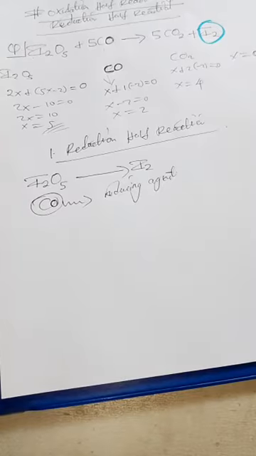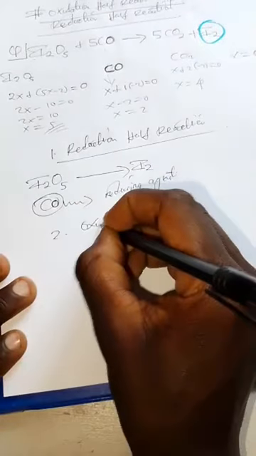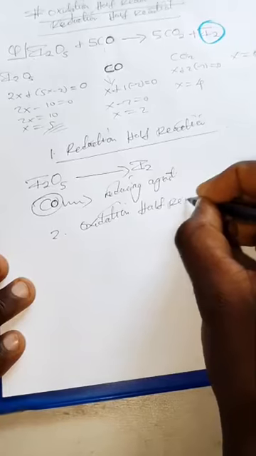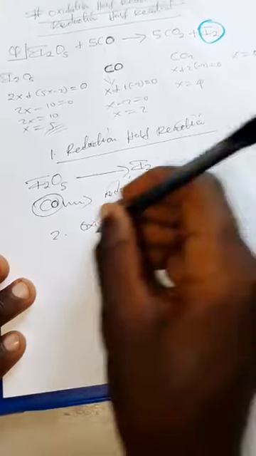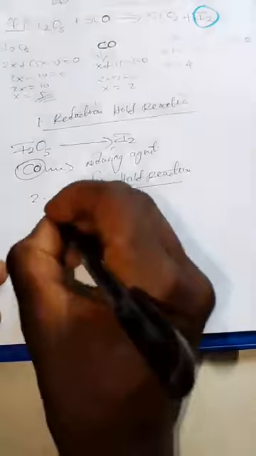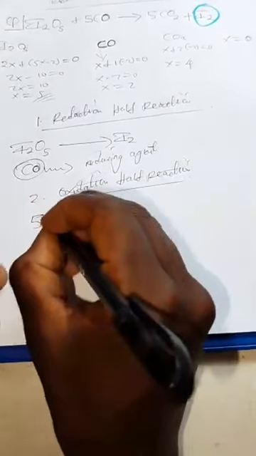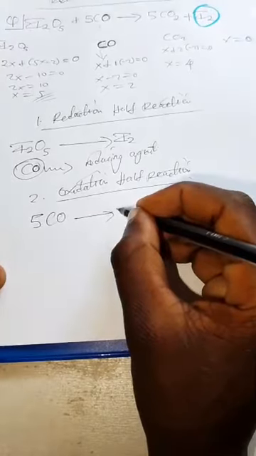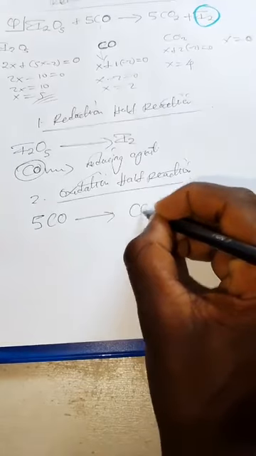Then let's have the oxidation half reaction. If we split, we know the reduction half reaction, meaning automatically we're going to know the oxidation half reaction. So our oxidation half reaction is 5 carbon monoxide being equal to carbon dioxide.